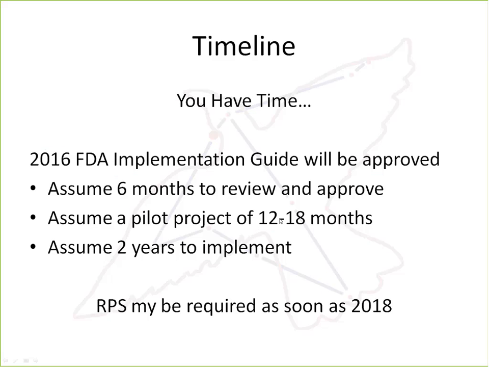So you can really assume after submission of the implementation guide, it'll be about 2 years. So RPS may be required as soon as 2018. Yes, you have time. No, you don't want to wait until the end of 2017 to figure it out.